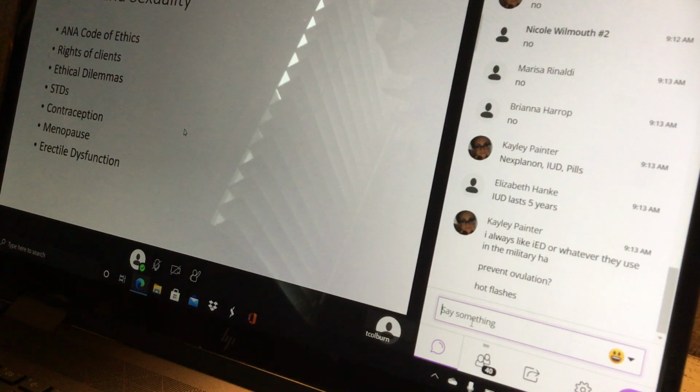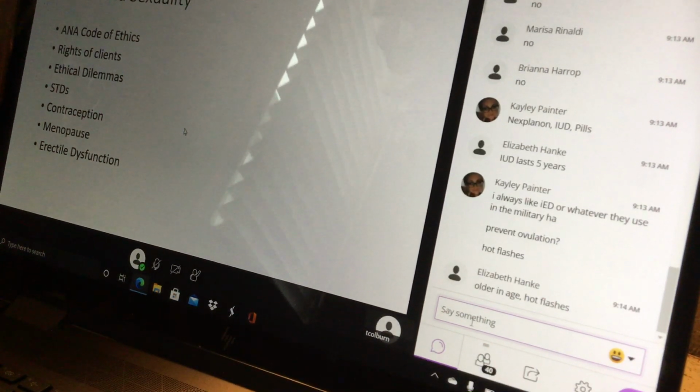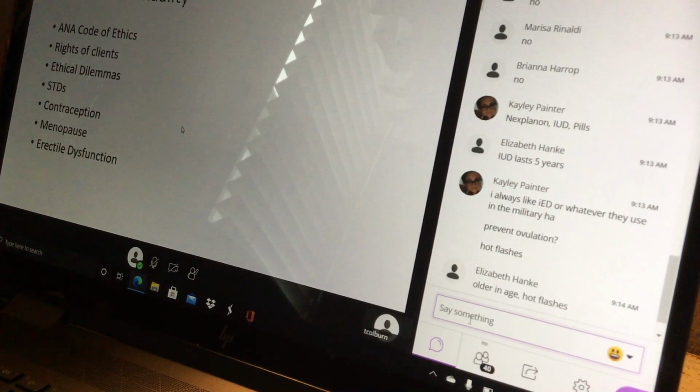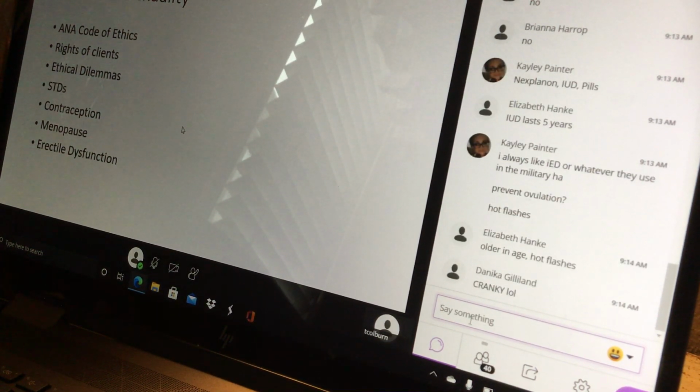So perimenopausal, you start off having those hot flashes, and you start having some of the weight gain and that kind of stuff. You have to go a year without a period to be considered in menopause. The hot flashes and those things can last into menopause.